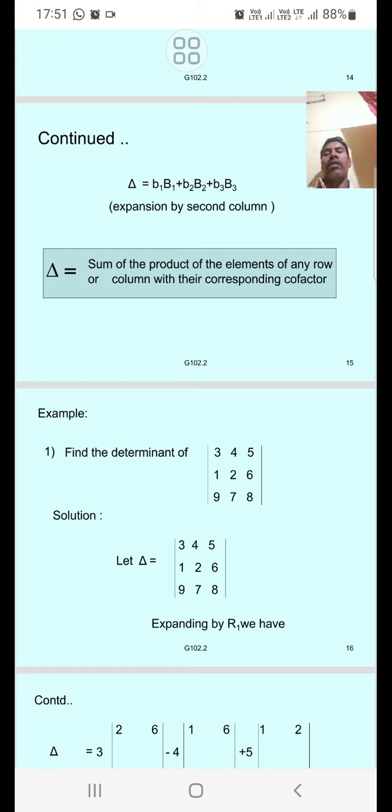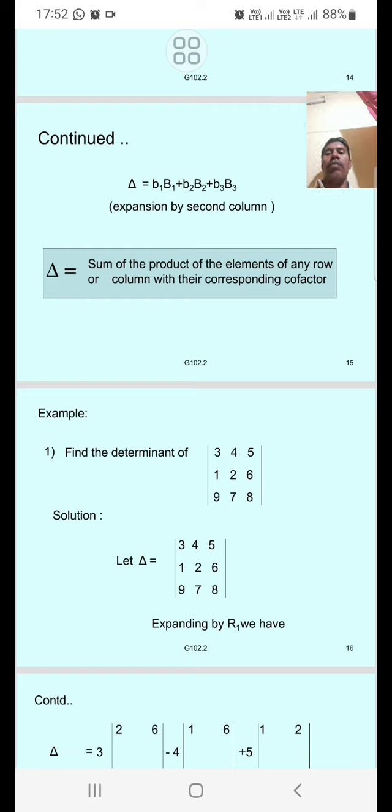If you understand, you can take any column or any row. So finally you have to remember this one sentence: the determinant of 3 by 3 is equals to sum of the product of the elements of any row or column with their corresponding cofactor.